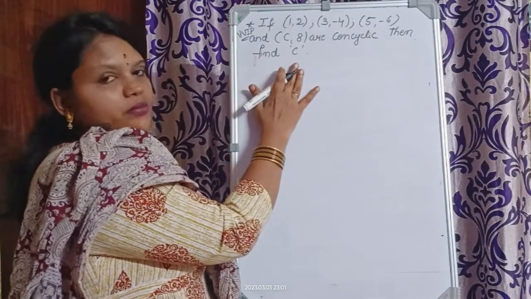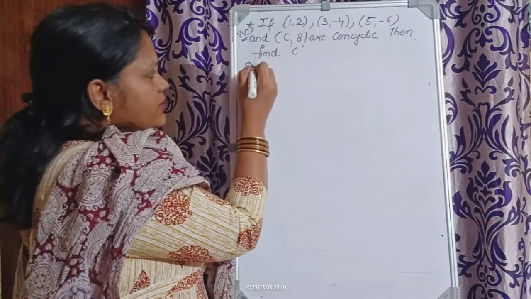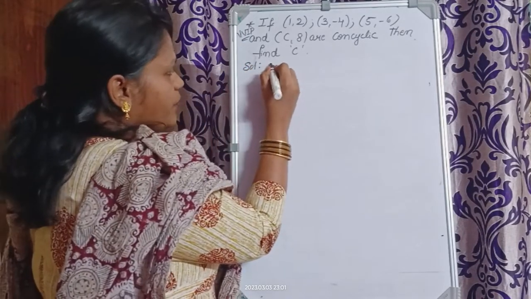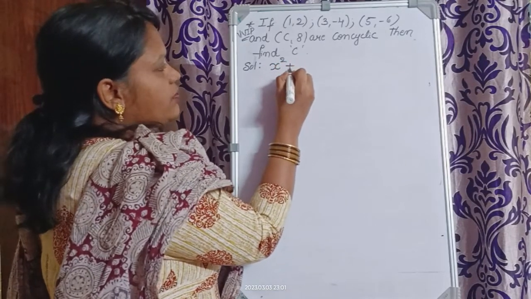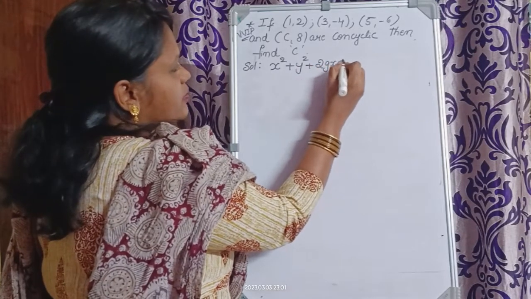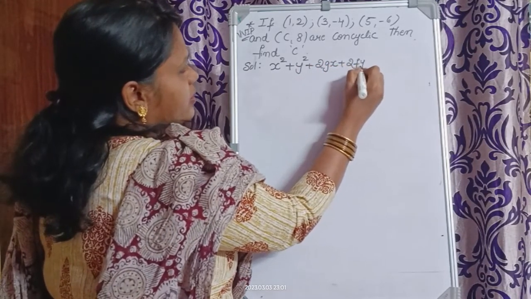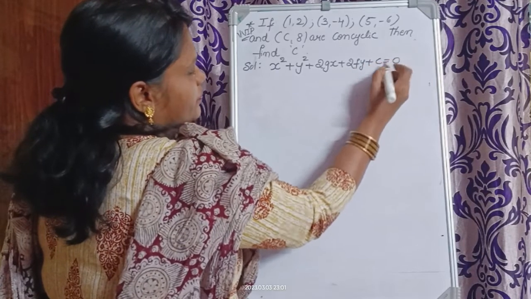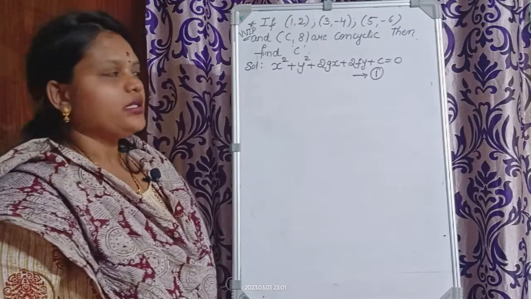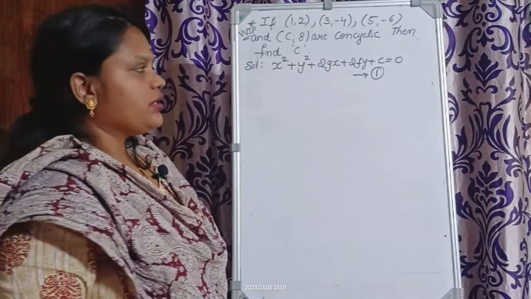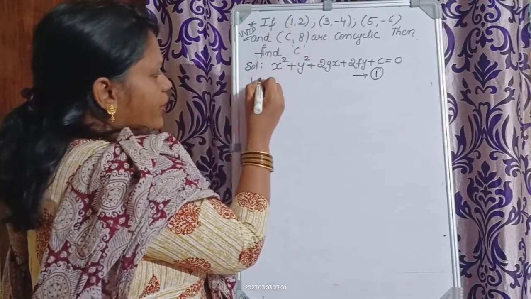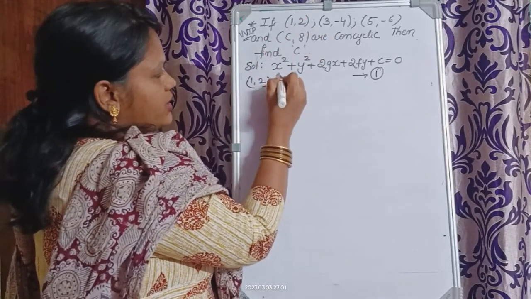If the given problem is of this kind, the first and foremost step, I've already told in the previous video, is to write x square plus y square plus 2gx plus 2fy plus c is equal to 0. This is the standard form of circle equation, equation 1. Now they are saying point (1, 2) lies on this equation.